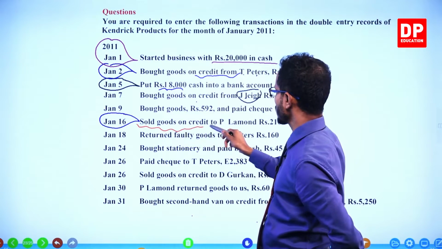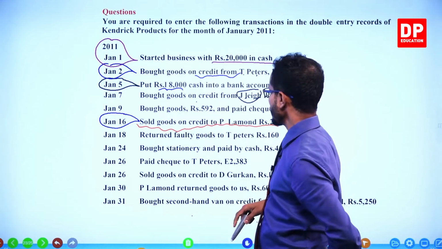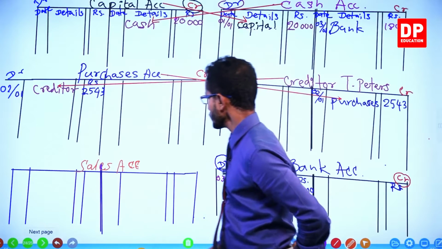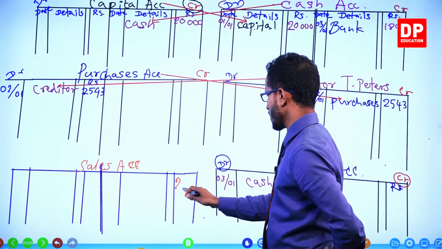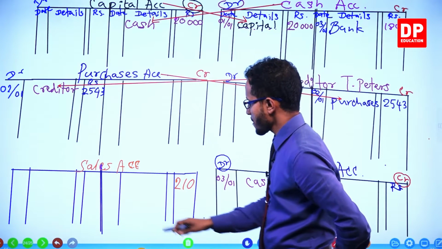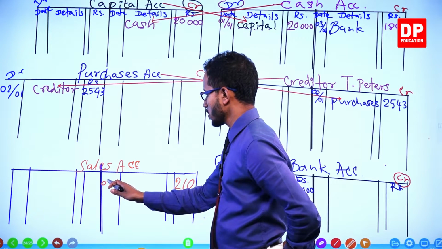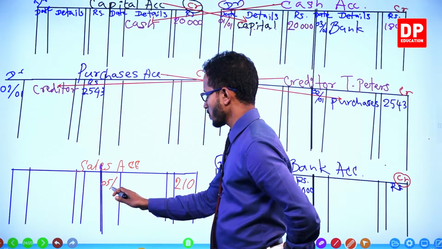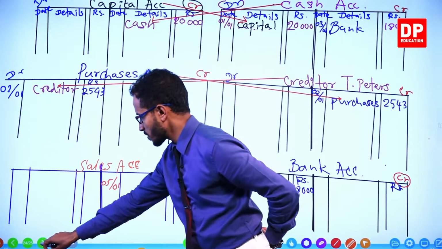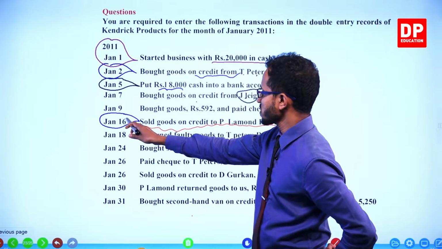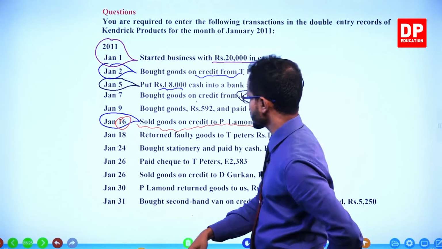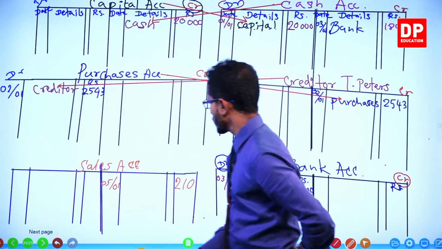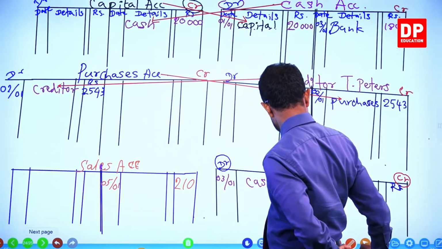Sold goods on credit, credit 210. Date was 5th first. That means 5th January. Oh no, 16th January. Children, not 5th, it's 16th January.